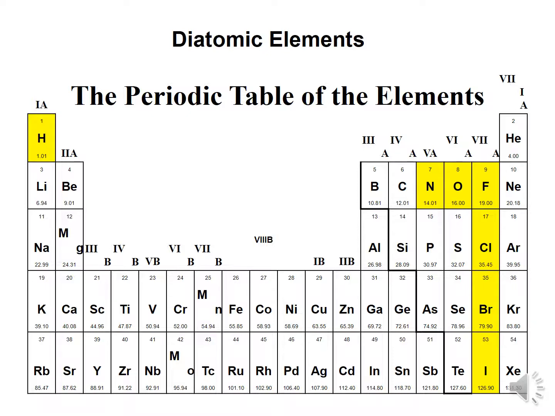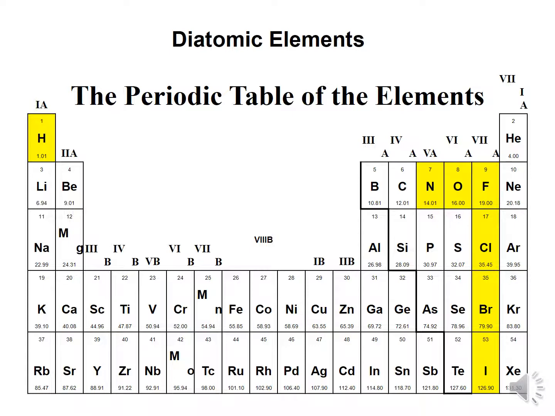And to wrap it all up, here we have the periodic table of the elements with the 7 diatomic elements listed here. H2, N2, O2, F2, Cl2, Br2, and I2. One way to remember these: element number 7 is nitrogen.